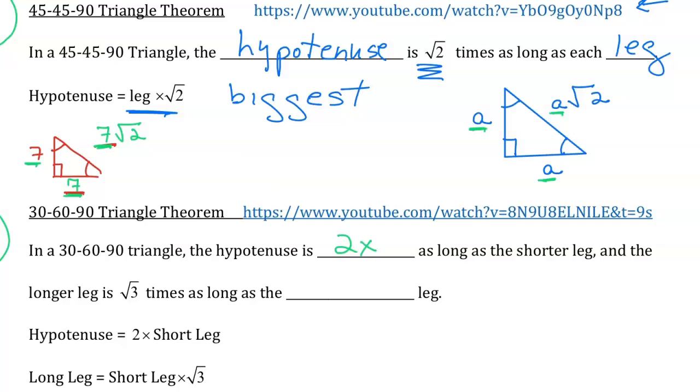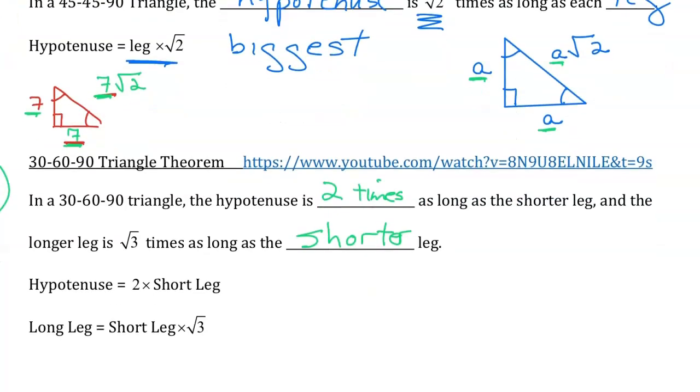Let me get that eraser going. I don't know why it's doing that. Okay, that's better. Okay, so I'm going to say 2 times as long as the shorter leg, and the longer leg is radical 3 times as long as the shorter leg. Okay, so everything's relating back to the shorter leg.